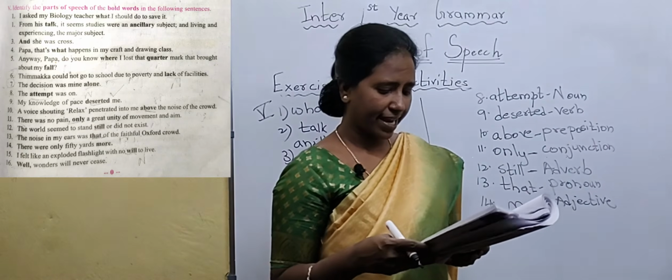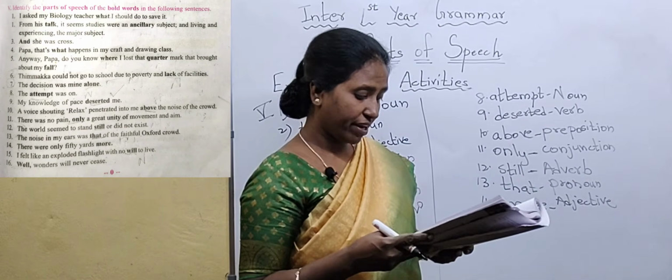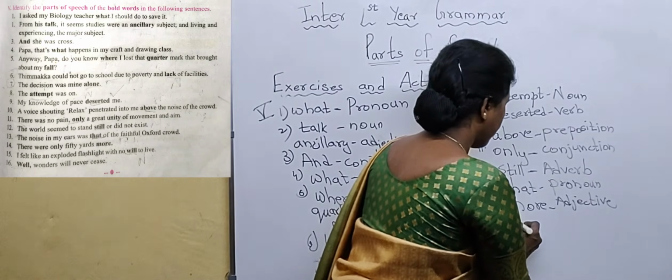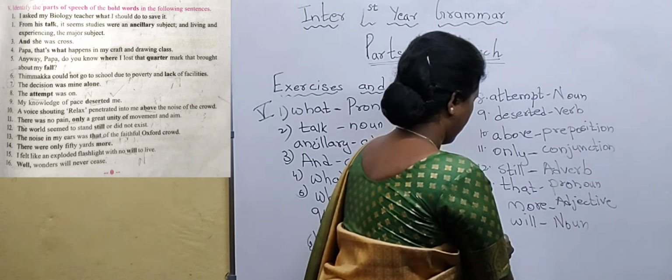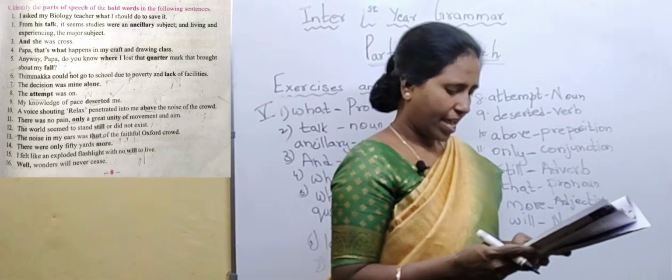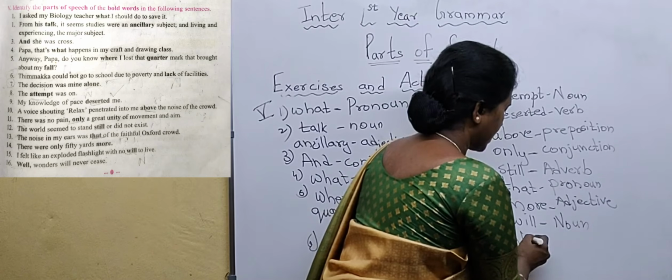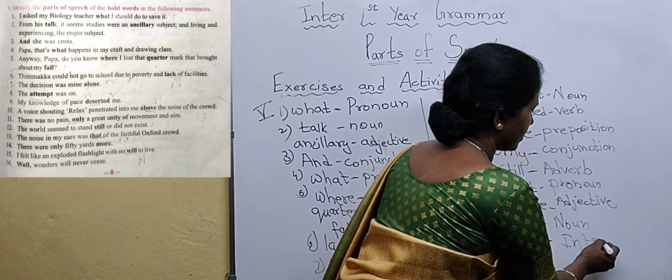And I felt like an exploded flashlight with no will to live. Will means no wish. Will is a noun. And well, wonders will never cease. Well is actually a linker and it is an interjection.